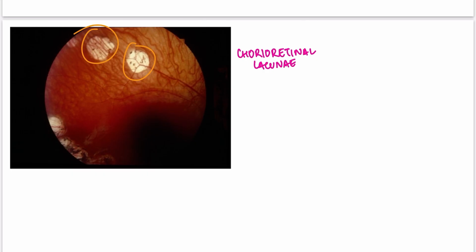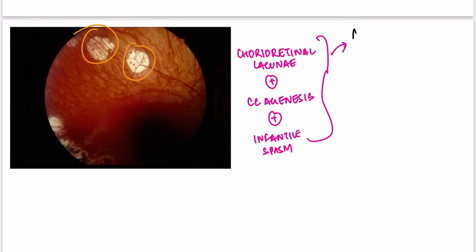Because remember, this chorioretinal lacunae along with corpus callosum agenesis, racing car sign that we just read, along with infantile spasm, these are seen in a syndrome known as Aicardi syndrome.